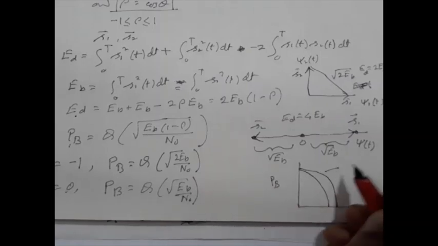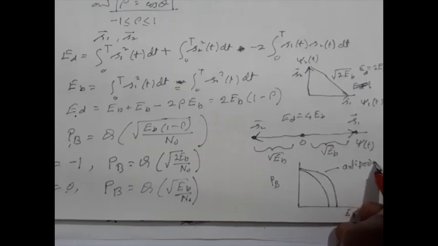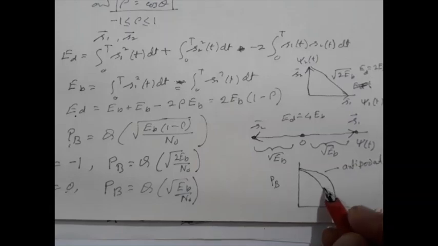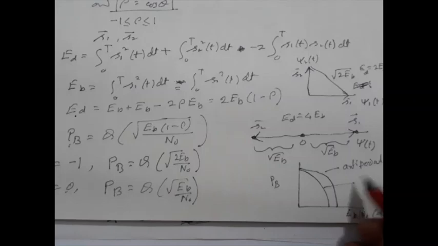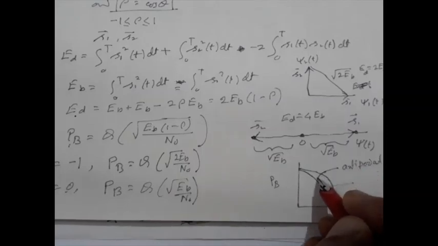This one is for antipodal, and this outer curve is for orthogonal.